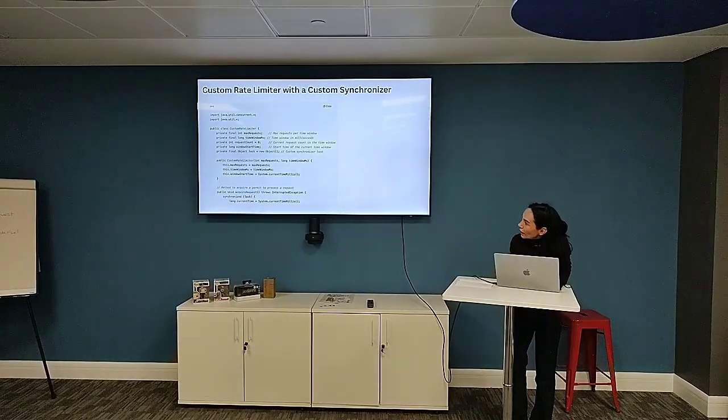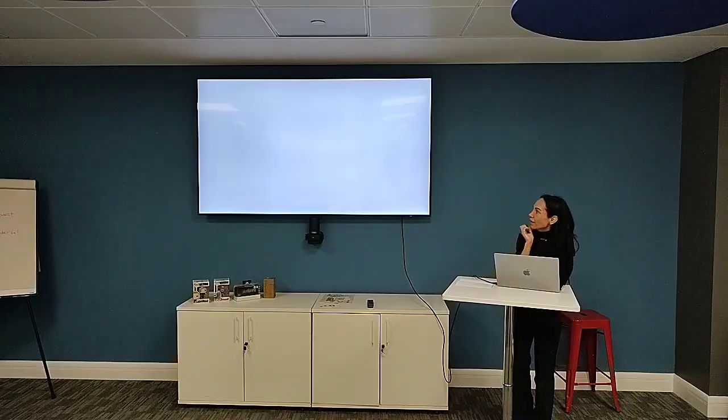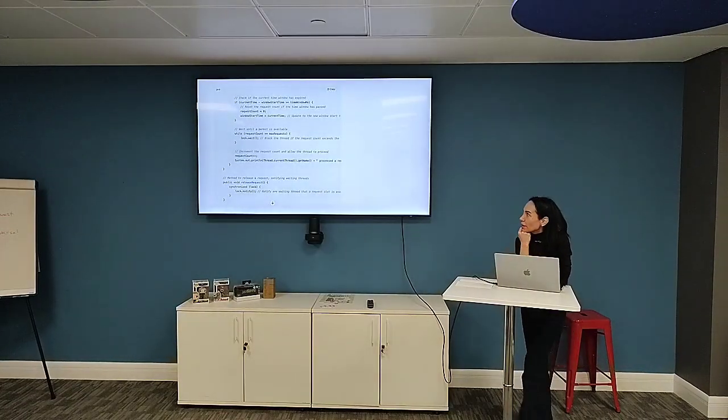So yeah, acquire request. In acquire request, we're introducing the mechanism which will track the check time and request count. If in this time window we are still allowed, the request is allowed.